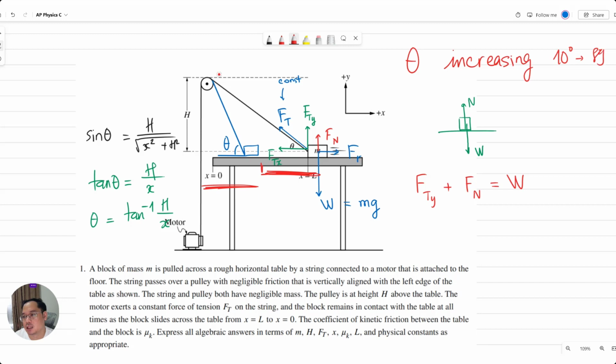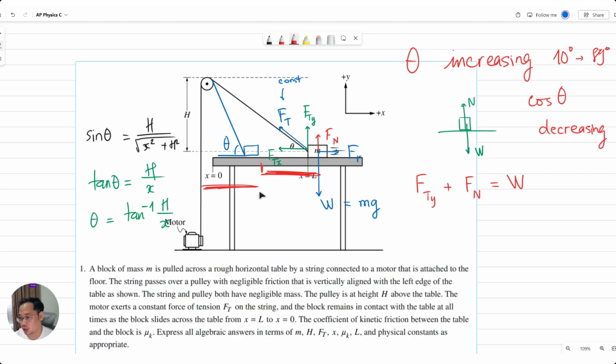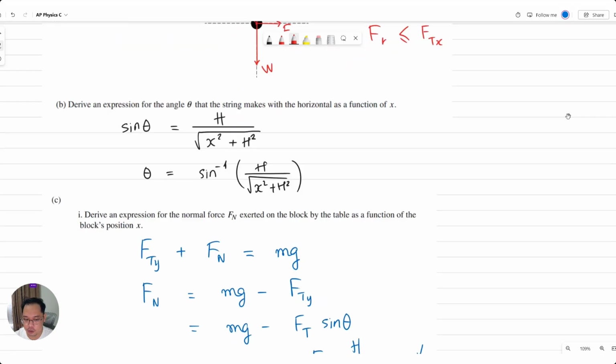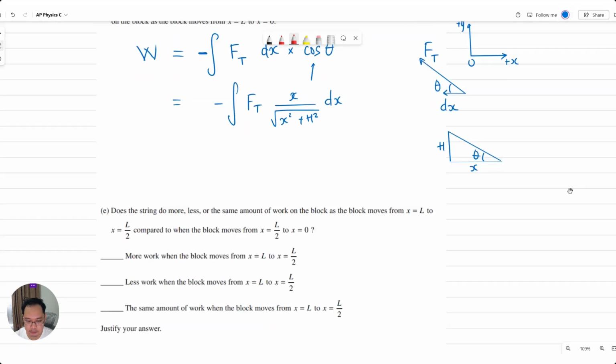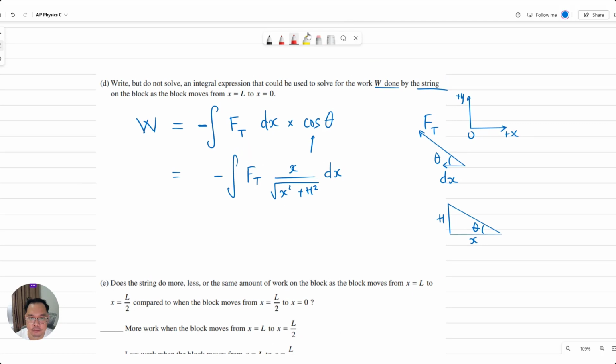I can say like 89 degrees. So the angle is increasing, and therefore the cosine of that angle will decrease. We know that in the first quadrant, the cosine function is a decreasing function, okay? And therefore the cosine in this expression will decrease.